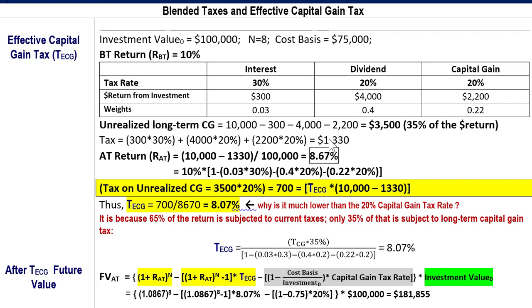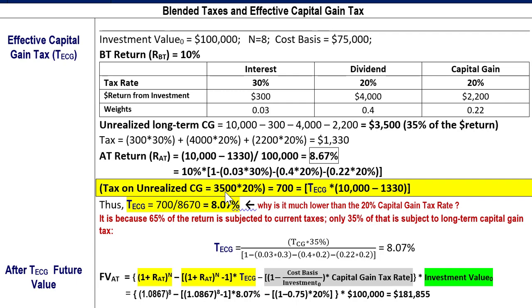That means it is the after-tax return in terms of dollar amount. But then, you still have $700 that you have to pay as a tax from this $3,500 unpaid, unrealized gain. Are you with me?